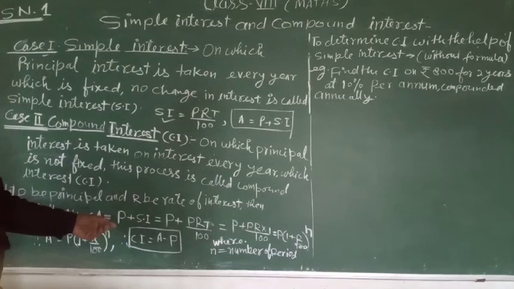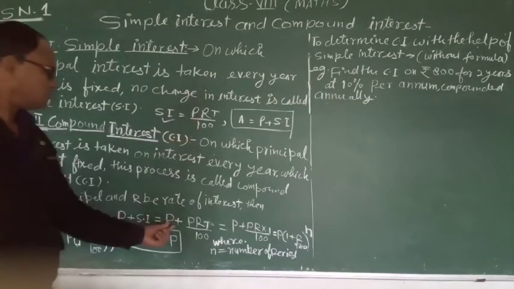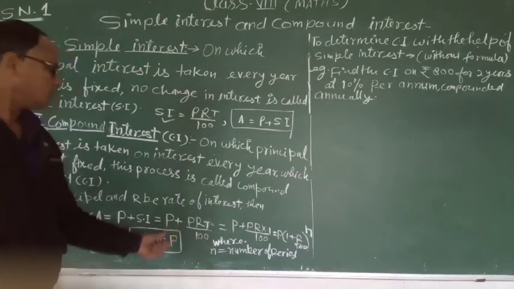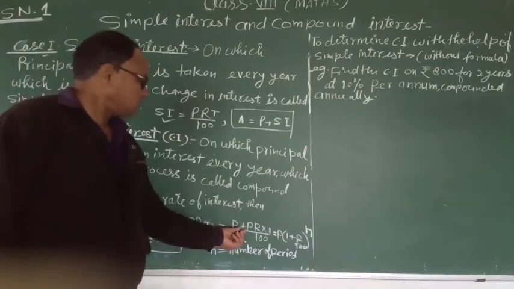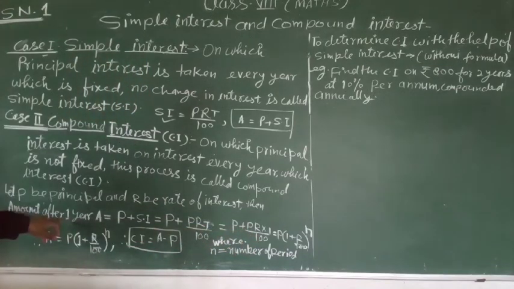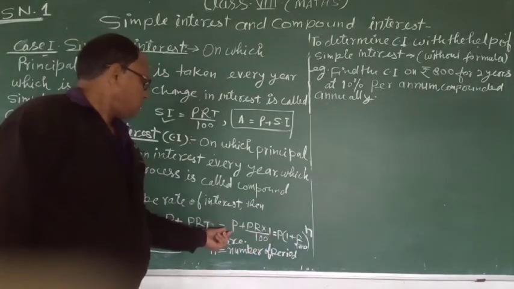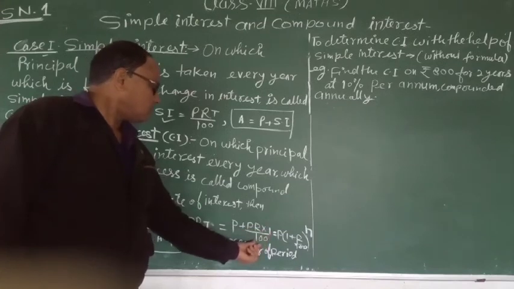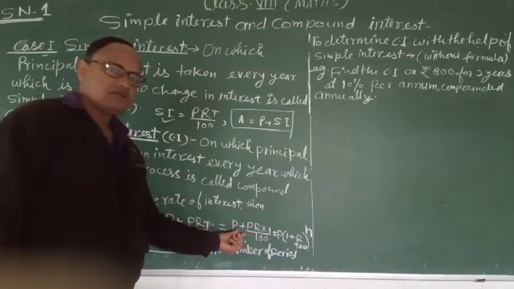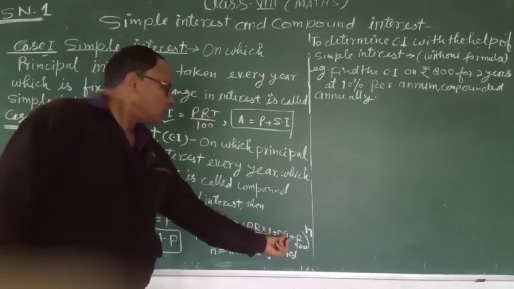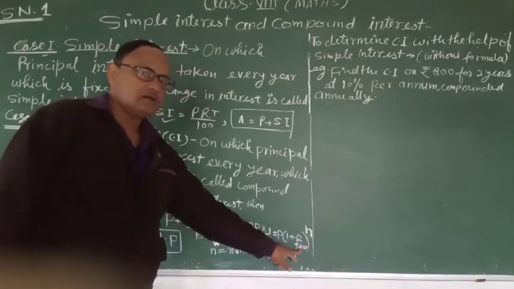In this case, you know that simple interest is equal to PRT by 100. Can I write? And here P plus PRT, T is 1 year, time period 1 year. So P plus PR into 1 upon 100. In this case, P is common in both and we get P(1 plus R by 100).